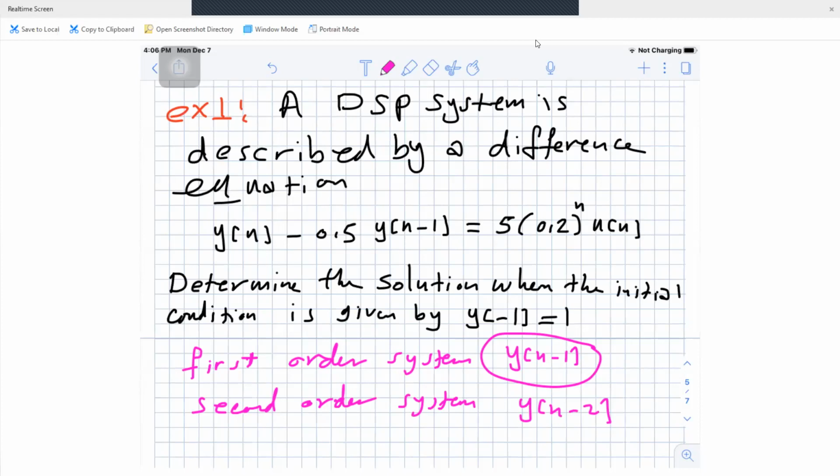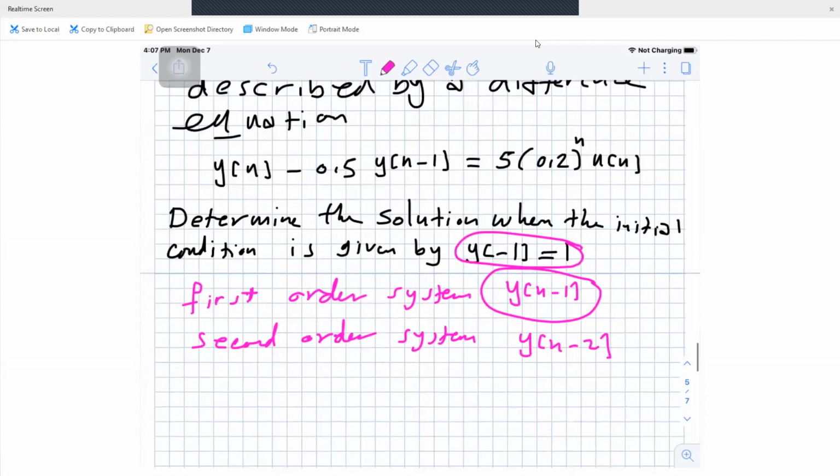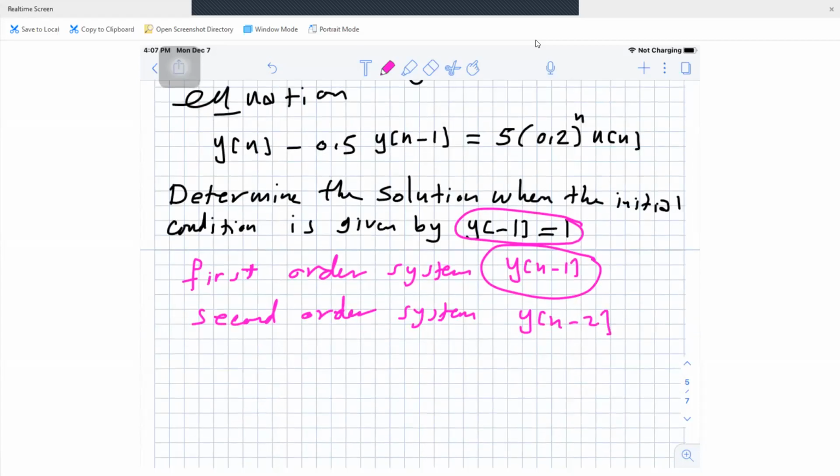The most important thing is the initial condition, y of minus 1 is equal to 1. To solve such a problem, we are going to follow the 4 steps that we have explained in the first lecture, first hour, I mean. First of all, let us take the Z transformation for both sides of the equation.